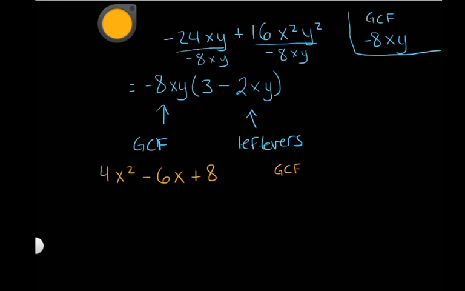Well, 4 goes into 8, but 4 doesn't go evenly into 6, so it's got to be smaller than 4. So 3 wouldn't work, but 2 would, right? 2 goes evenly into 4, 2 goes evenly into 6, and 2 goes evenly into 8. So our greatest common factor here is going to be 2.